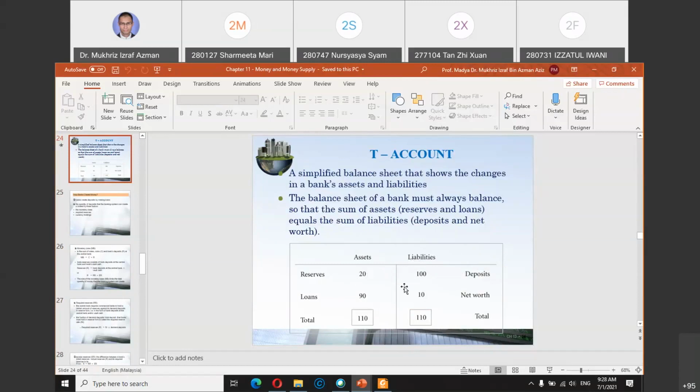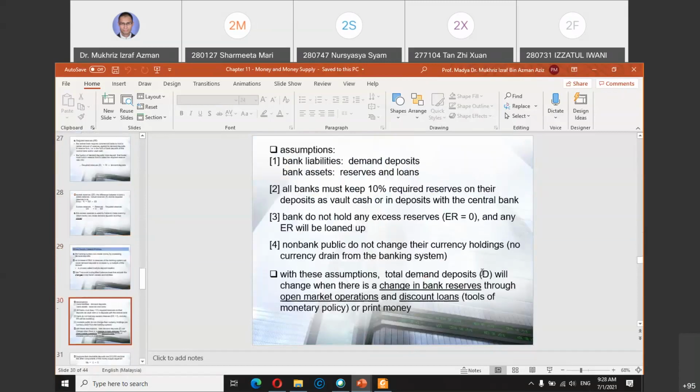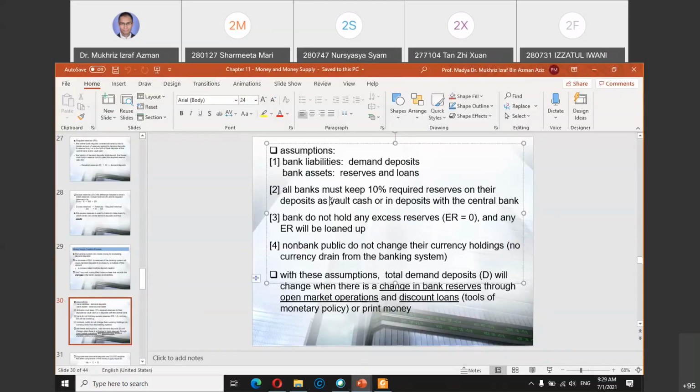But this is just a general idea. The breakdown of a bank balance sheet is more than this, but the general concept is this one. So here the bank must keep at least 10% required reserve as deposit in the vault, plus whatever money they put in the central bank.